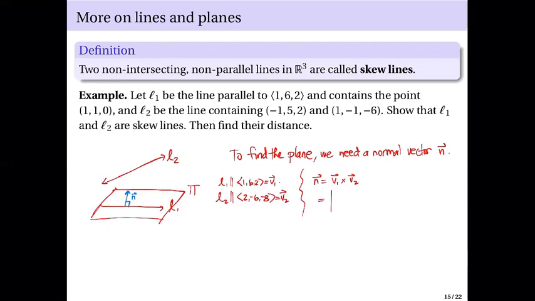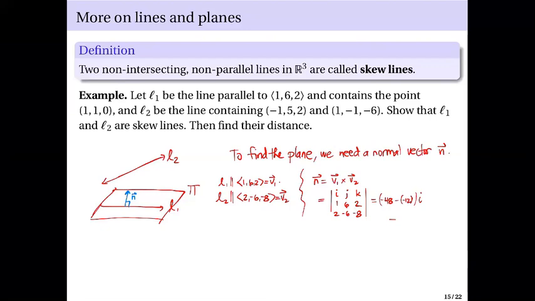So cross product, you have i, j, k. V1 is 1, 6, 2. V2 is 2, negative 6, negative 8. So in here, we have the quantity 6 times negative 8, that's negative 48, minus negative 6 times 2, that's negative 12, i.